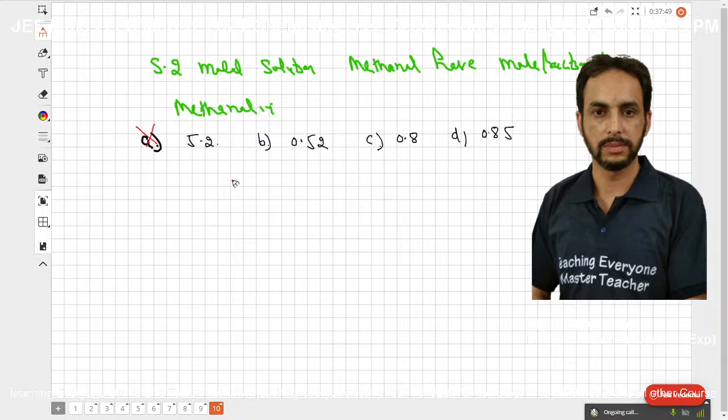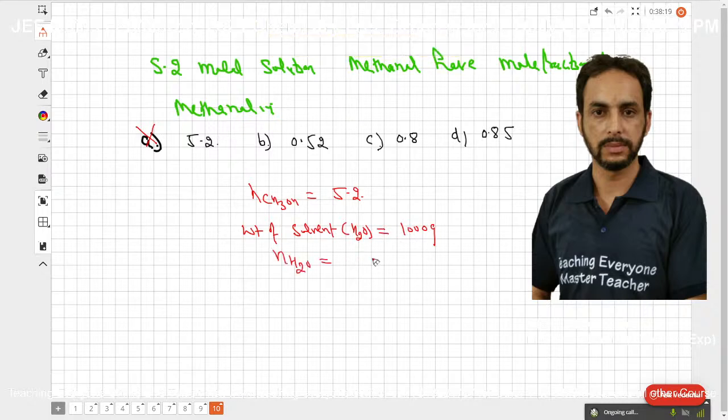So here, if molarity is 5.2, then number of moles of methanol is 5.2. For molarity, the weight of solvent, that is water, is equal to 1000 gram.